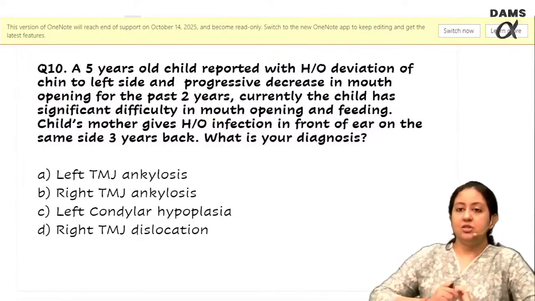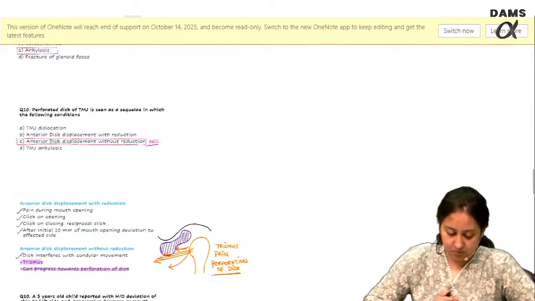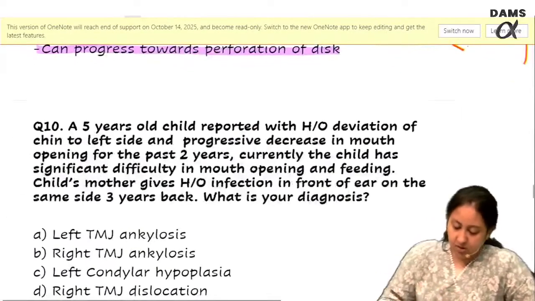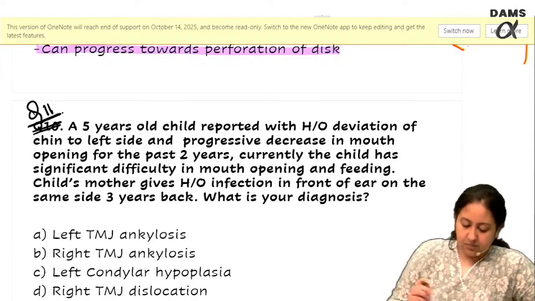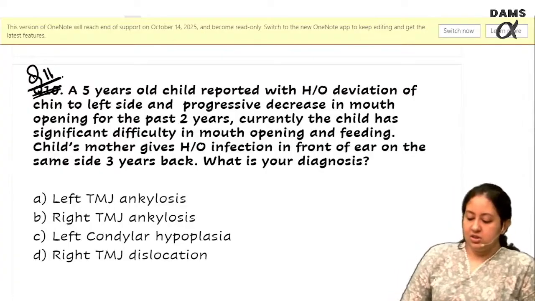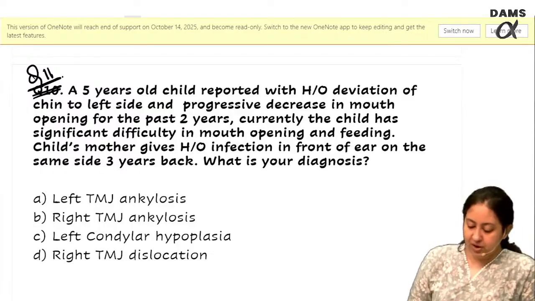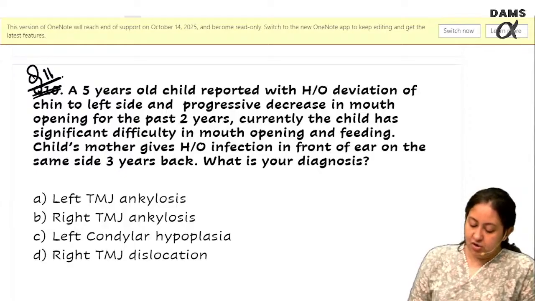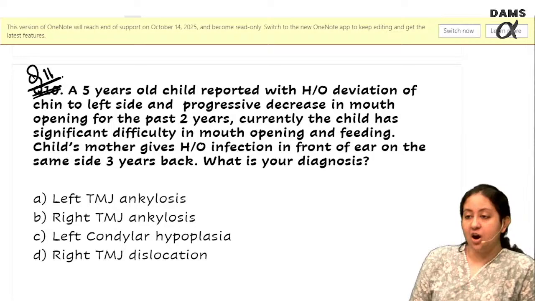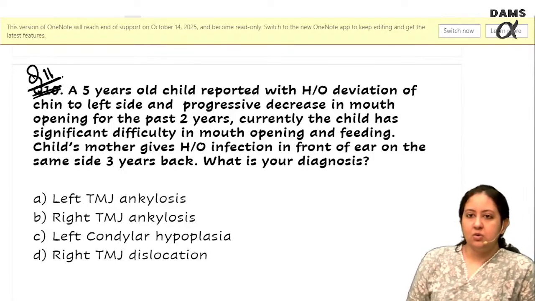Let's come on to our next question, question number 11. A 5-year-old child reported with history of deviation of chin to left side and progressive decrease in mouth opening for past 2 years. Currently, the child has significant difficulty in mouth opening and feeding. Child's mother gives history of infection in front of ear on the same side 3 years back. What would be your diagnosis?